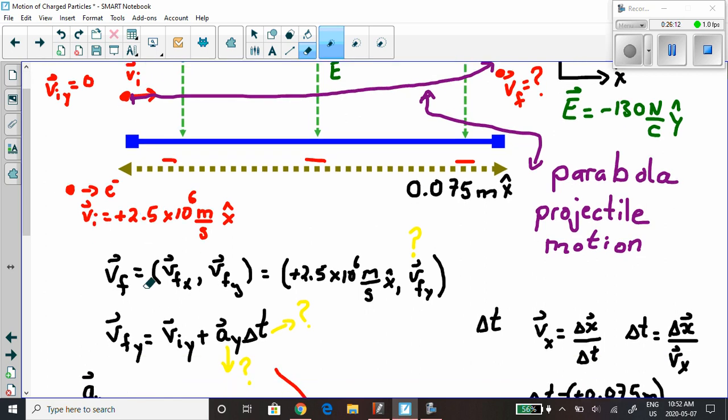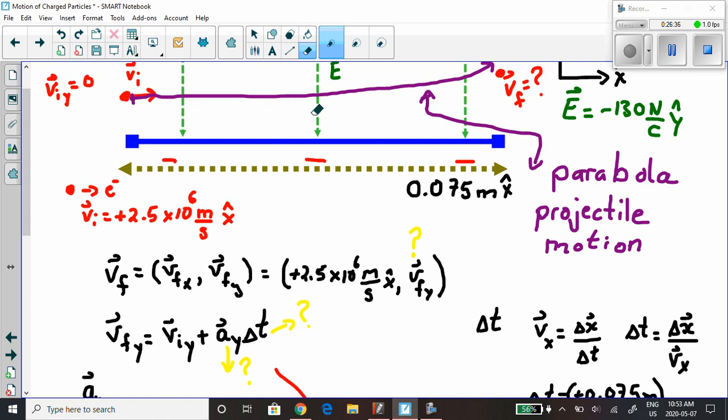Final velocity is equal to the final velocity x component and the final velocity y component. But I hope you remember from projectile motion that the x component of the velocity doesn't change. And that makes a lot of sense because the electric field is straight down, so the electric force is also straight down.